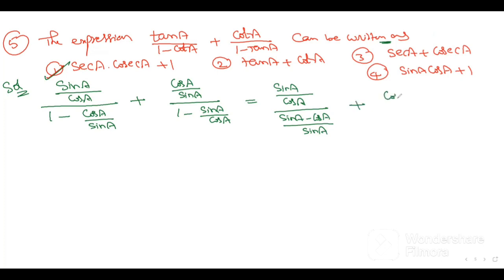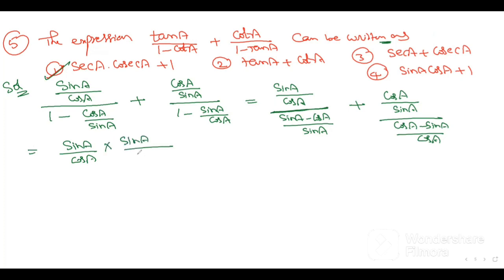Plus cos A by sin A. Here LCM is (cos A minus sin A) by cos A. What we get here? This sin A. Okay, here sin A by cos A. So denominator sin A by cos A is nothing but into sin A by (sin A minus cos A).